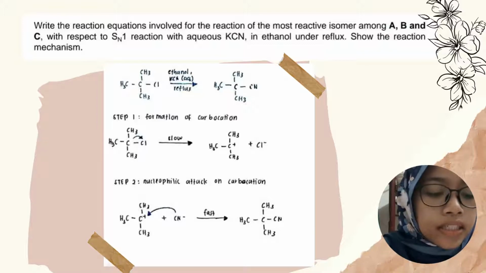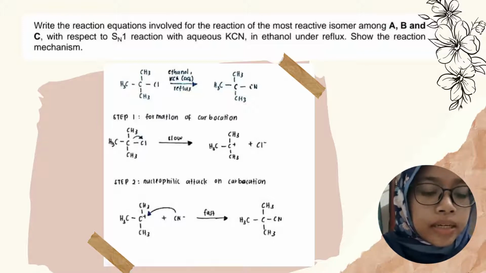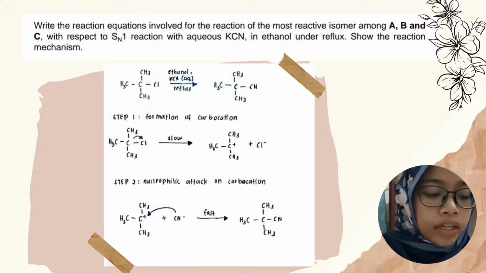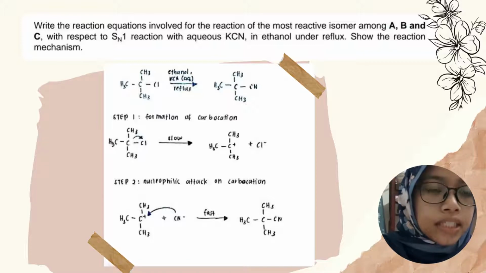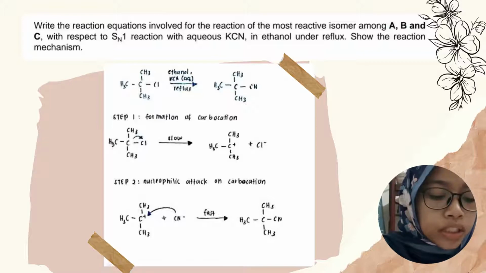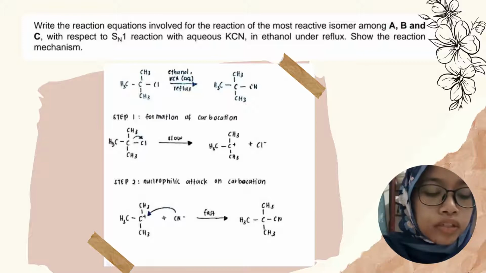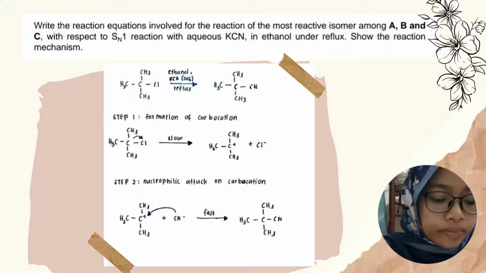It is a heterolytic cleavage, so the arrow that we use is a double-headed curved arrow. We want to break the bond between C and Cl. When we want to break the bond between them, we have to do it slowly, so the reaction is slow. Step 2, nucleophilic attack on carbocation.